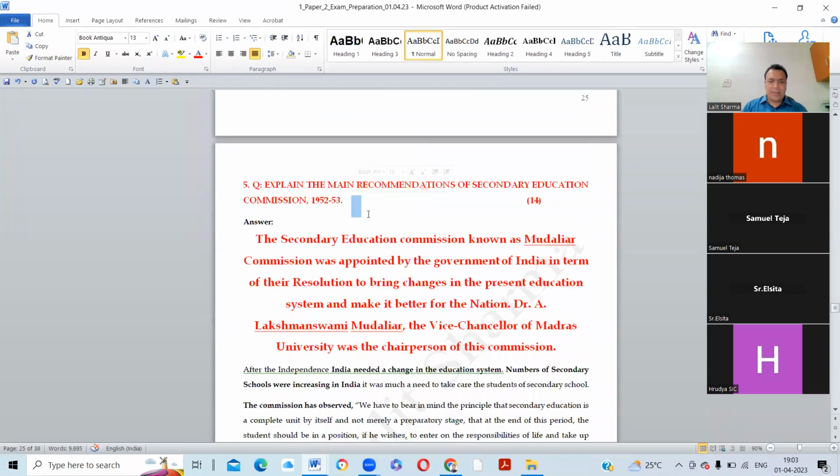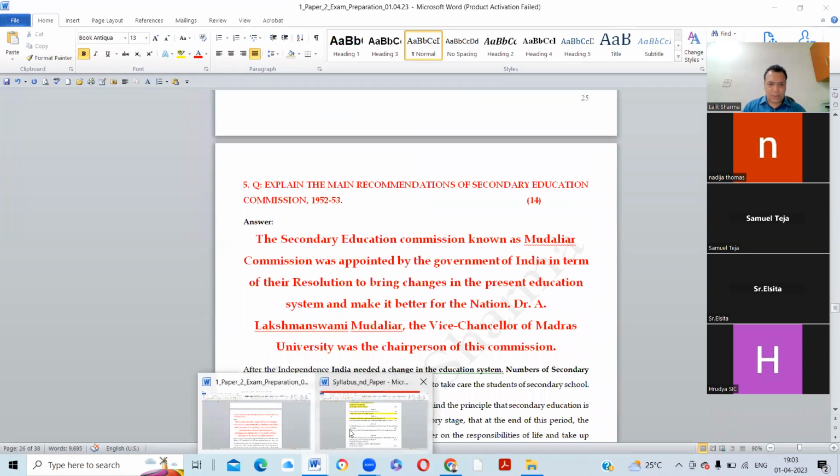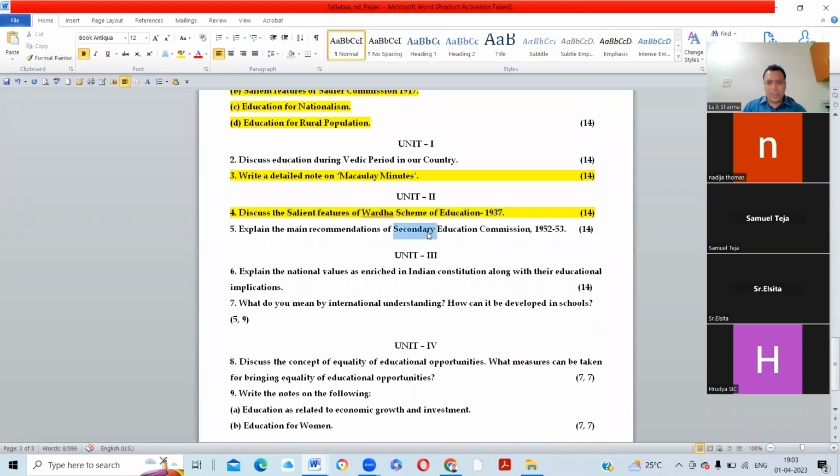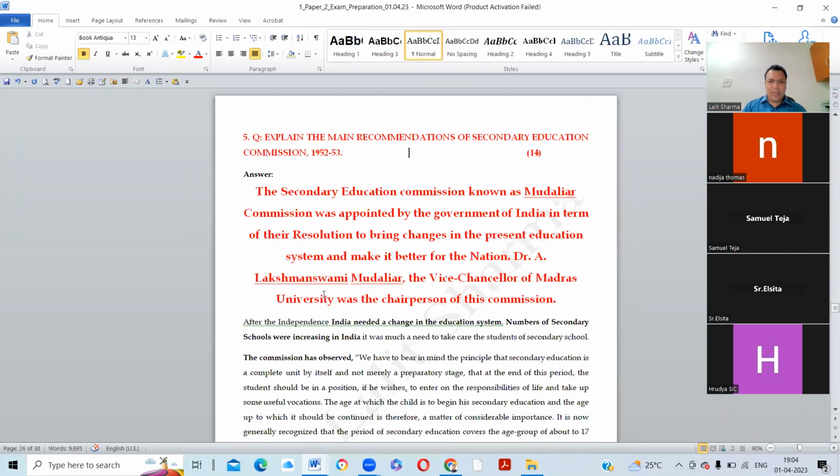Okay, next, main recommendations of the Secondary Education Commission 1952-53. Okay, fifth question. We are talking about the fifth question, recommendations of the Secondary Education Commission 52-53. So basically you can say that the Secondary Education Commission is also called the Mudaliar Commission.